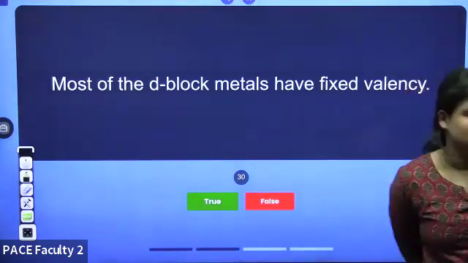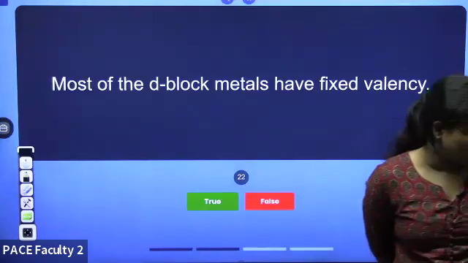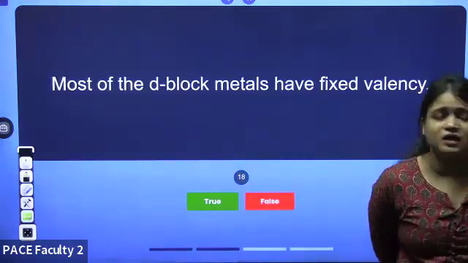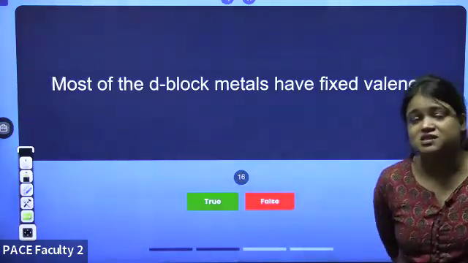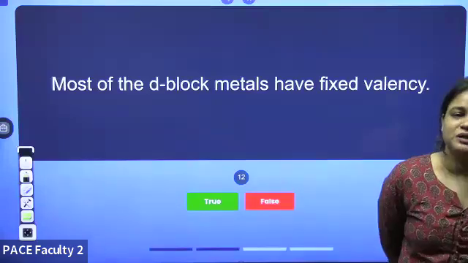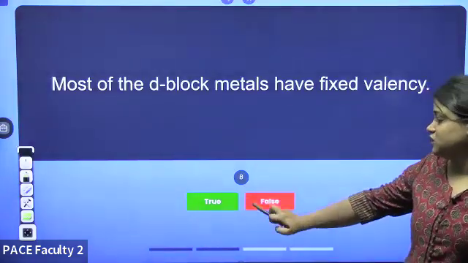Arihant, what do we think? Lahul, do D block elements have fixed valencies? Fixed valency is of S block and P block. D block elements do not have fixed valency.